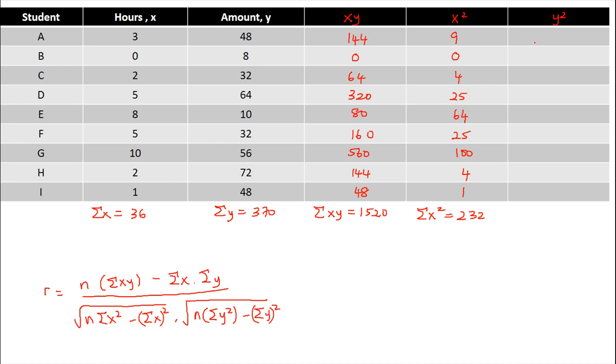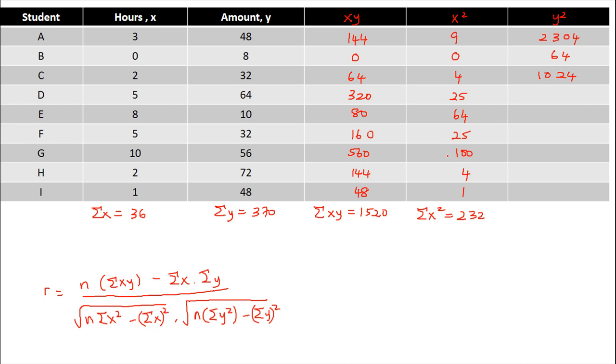And the last column is for y square. So 48 square is 2304. Next, 8 square is 64. 32 square is 1024. Now we have to calculate 64 square.